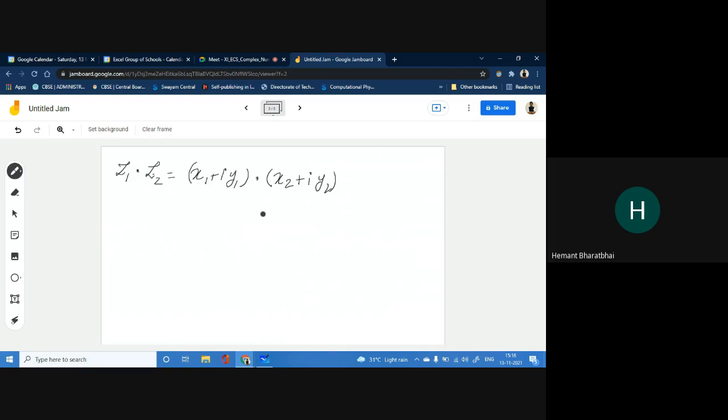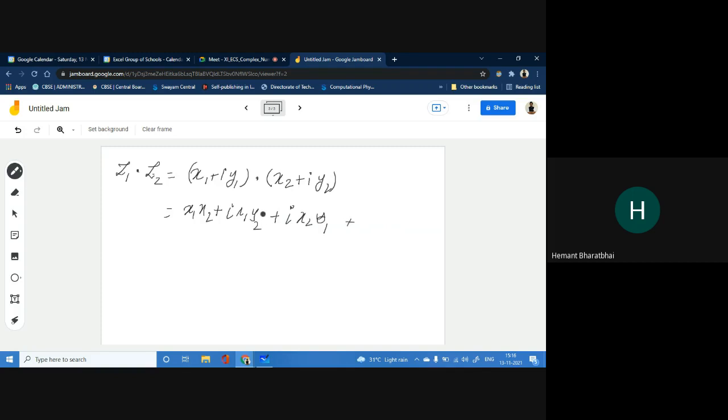The way we multiply brackets, this x1 will get multiplied with x2 and i y2. Similarly, this i y1 will get multiplied with x2 also and i y2 also. Okay, so let's see what happens after we multiply it.